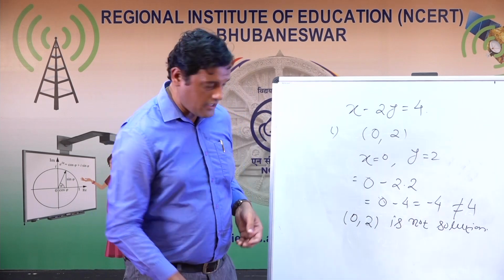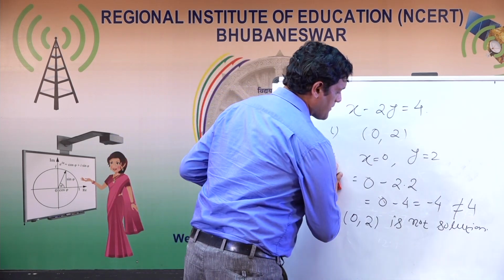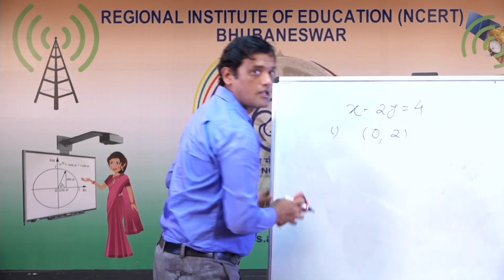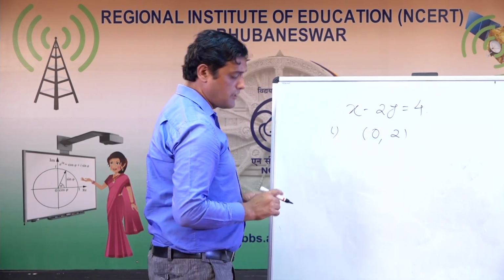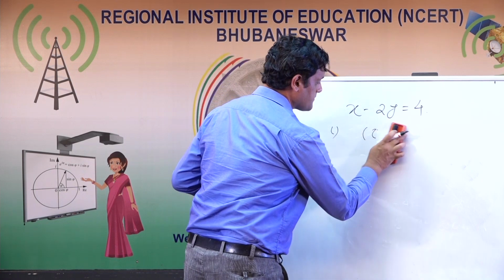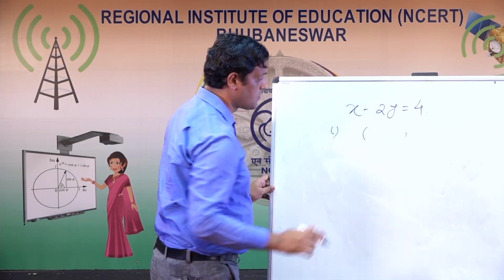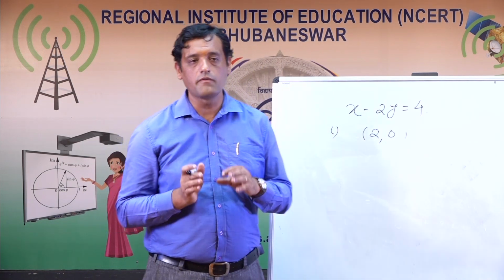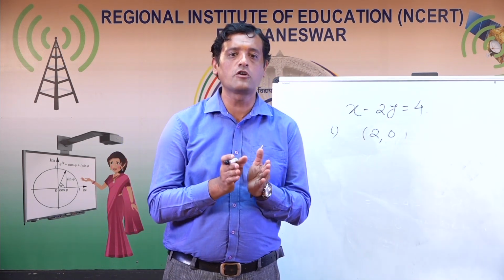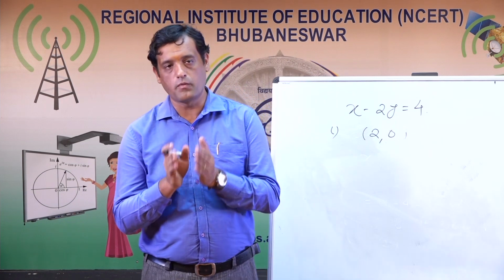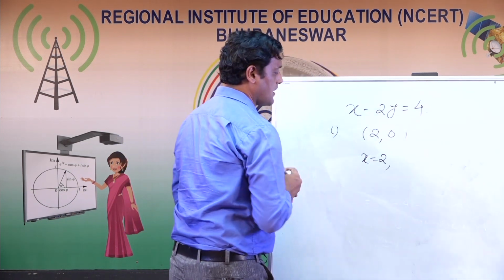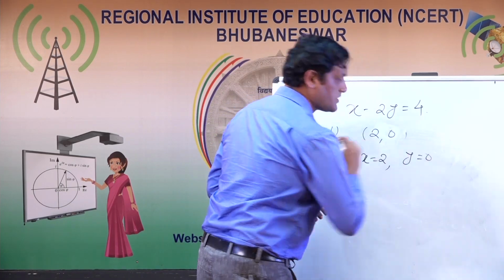Okay, now let us try another pair. The other pair is 2 comma 0. Now what we have done is we just changed the positions of x and y. So x equal to 2 and y equal to 0 this time.